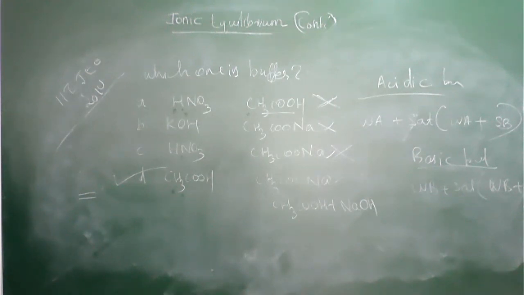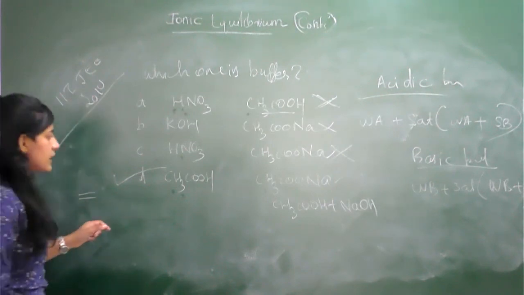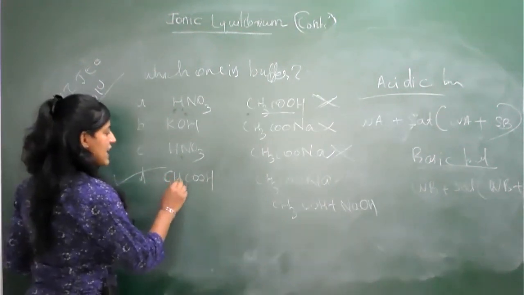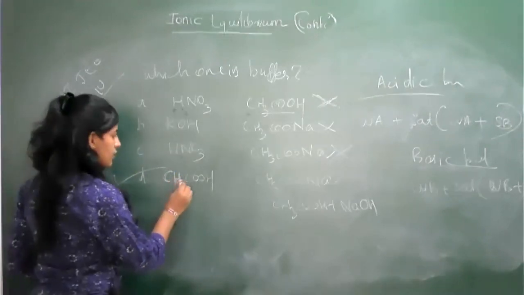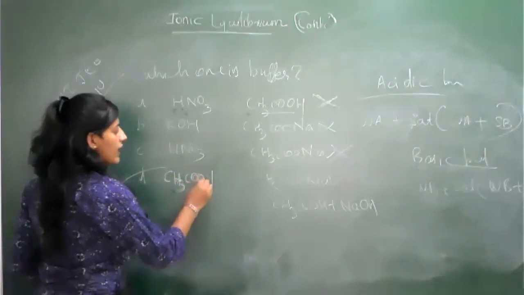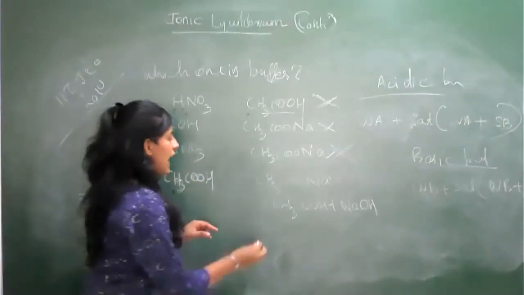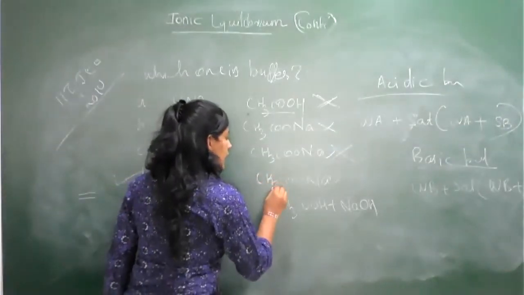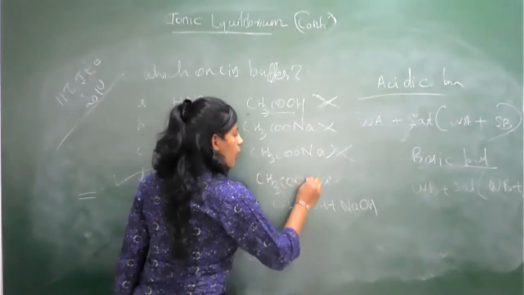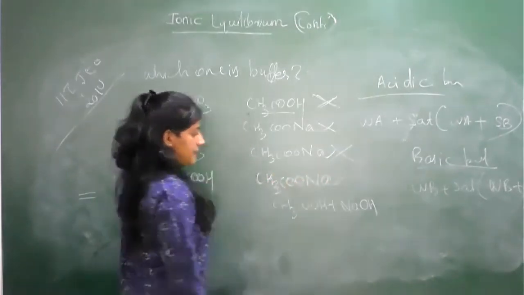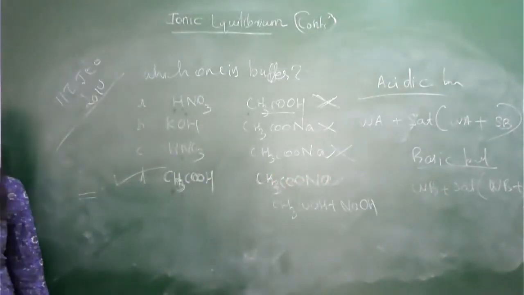Okay, voice is not clear here. Oh, the D option, this is CH3COOH, acetic acid, and then CH3COONa. Now clear?